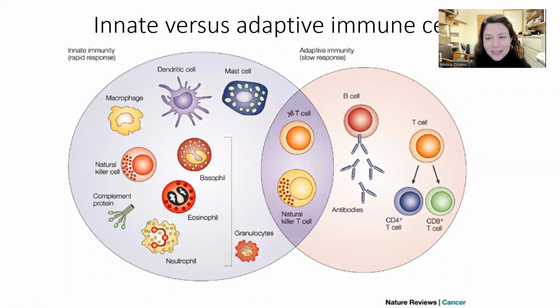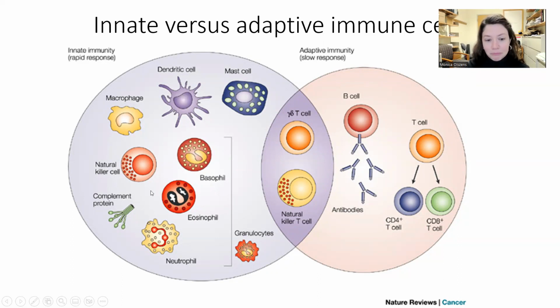So here they are. I think this Venn diagram was on the end of the first lecture, but I think it's really helpful. So adaptive immune cells are slow and specific. Innate immune cells are rapid and non-specific. All right, so here you can definitely see which ones are granular or not. Macrophages are agranular, so are dendritic cells.